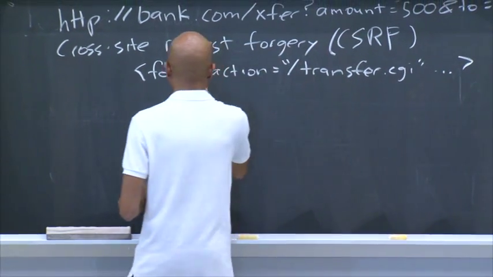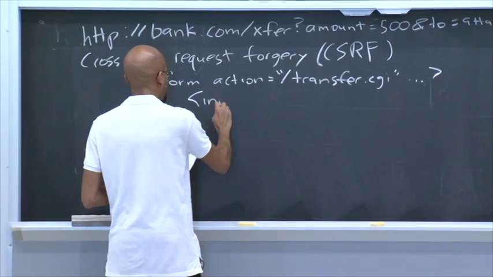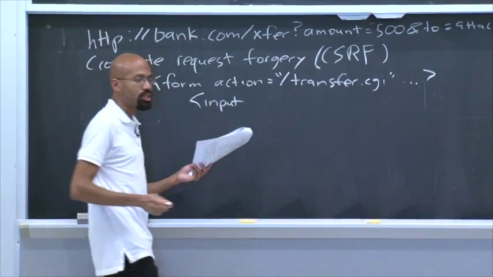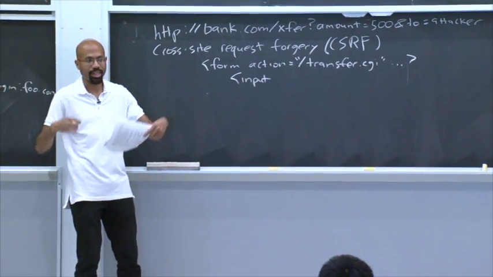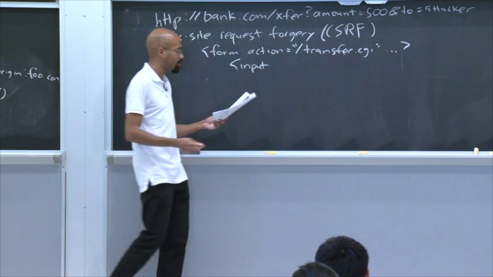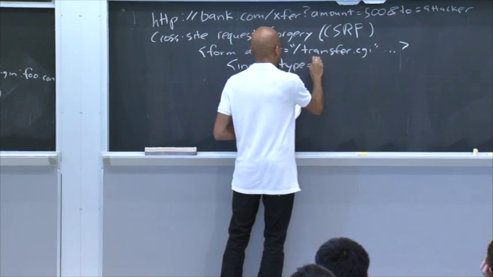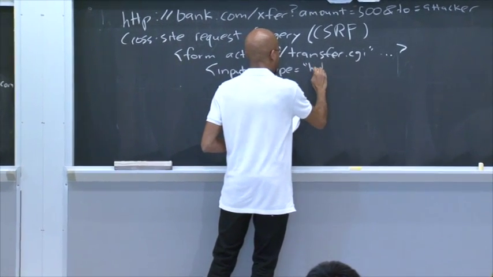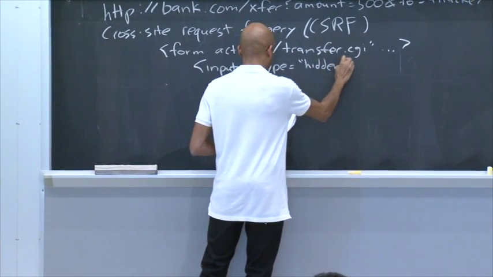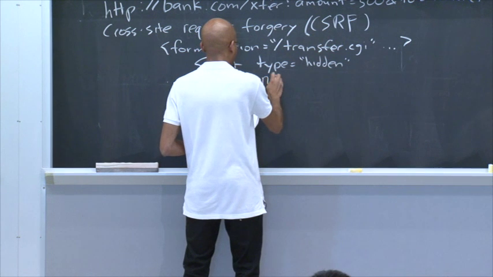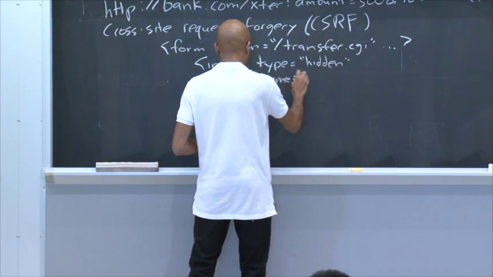And then inside this form, you're going to have an input. Inputs are usually used to get in user input like text, key presses, mouse clicks, stuff like that. But we can actually give this input a type of hidden, which means that it's not shown to the user. And then we can give it this attribute.